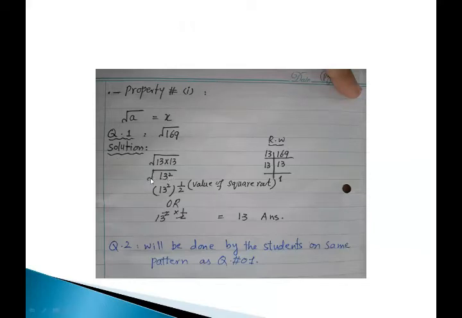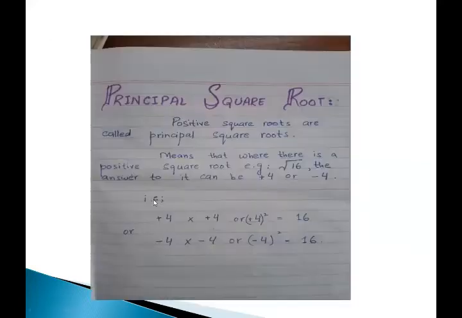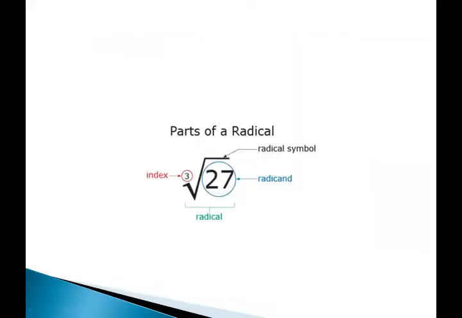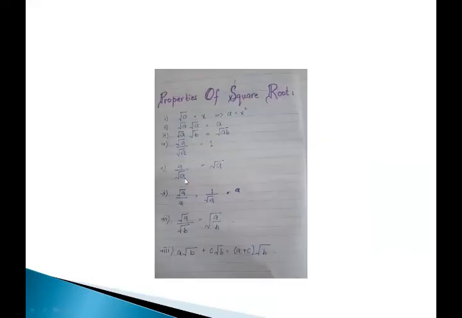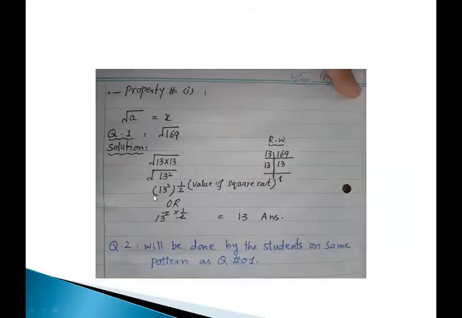But whenever we solve, the square root has a value of 2 where there is no index. As I have told you, this sign is called the index. Whenever there is no number over here, it means there is a 2, and this must be called a square root.